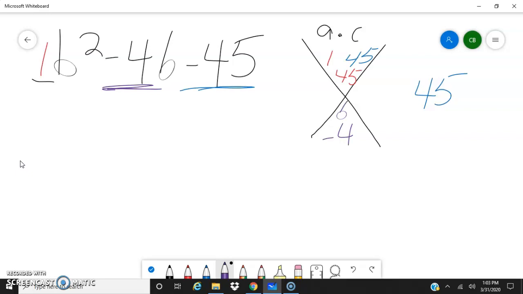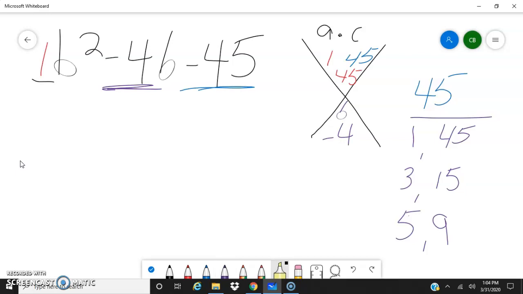So we're looking for factors of 45 that add up to -4. So 1 and 45, 5 and 9. I think that's what we're looking for. So let's take a look at those.